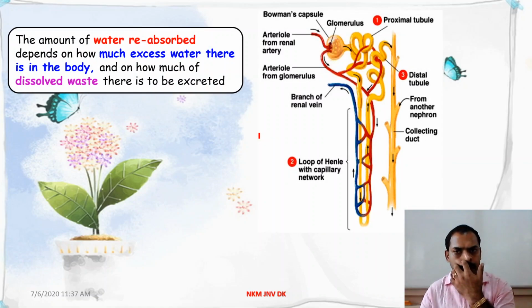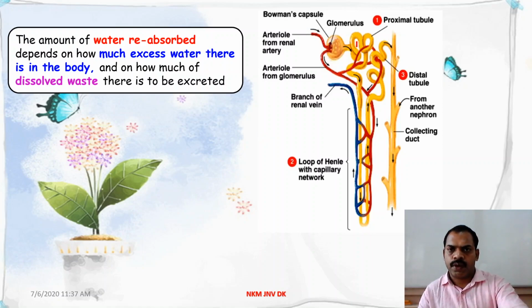So this is what I told you, the tubular system of the nephron, and you can see that the arteriole which is coming out from the glomerulus, the efferent arteriole, is branching and rebranching, covering over the tubule of the nephron. Why? They are responsible for reabsorption of nutrients. Are you getting it or not?